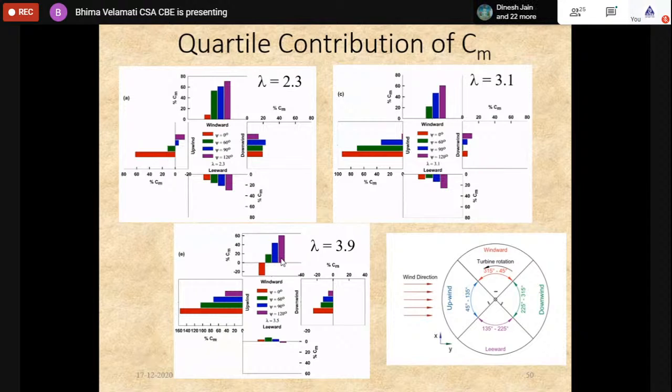So the reference for us to say whether it is upwind or windward is the bottom side of the turbine. That is how we kept the notation. So for the helical turbine, the production would become more uniform because it is generating in 2 quarters, 2 quartiles, if you want to state it.